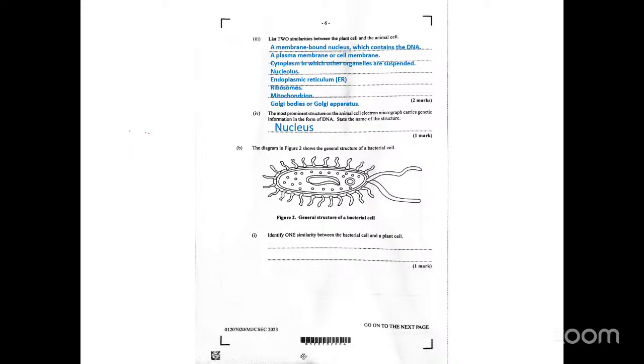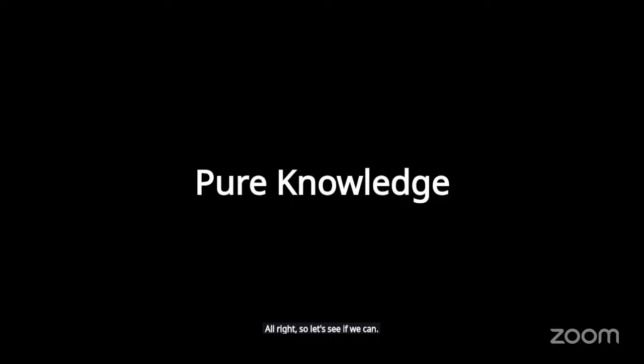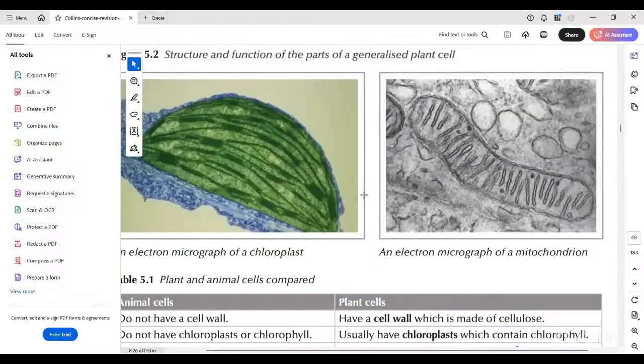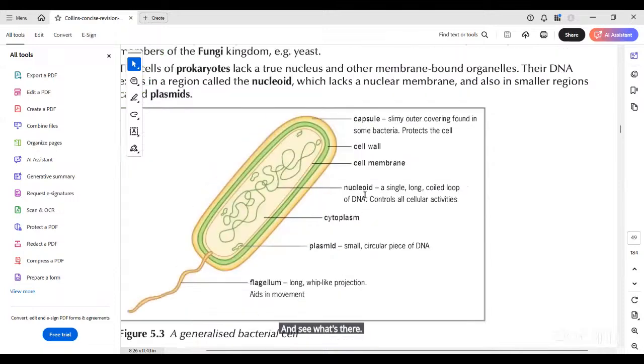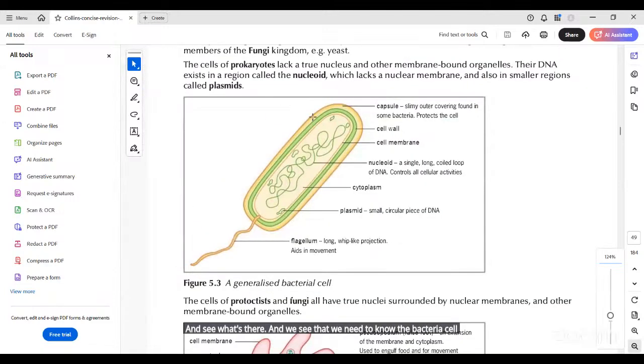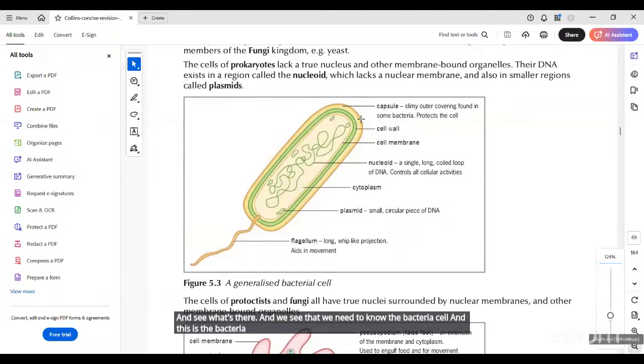All right, let's check my favorite book and see what's there. We see that we need to know the bacteria cell. This is the bacteria cell. It has an extra layer on it called the capsule, which is normally the slimy part.